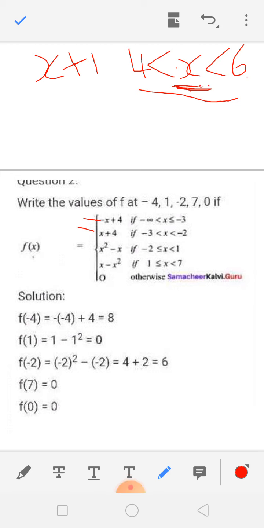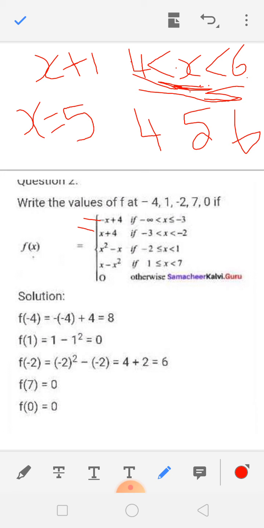So the x value is larger than 4 and smaller than 6. What is larger than 4 and smaller than 6? The answer will be 5. So is it okay? Suppose I give x equal to 5, then you have to use this function, x plus 1. So if the question is write the value of f at 5, then you have to use this function.